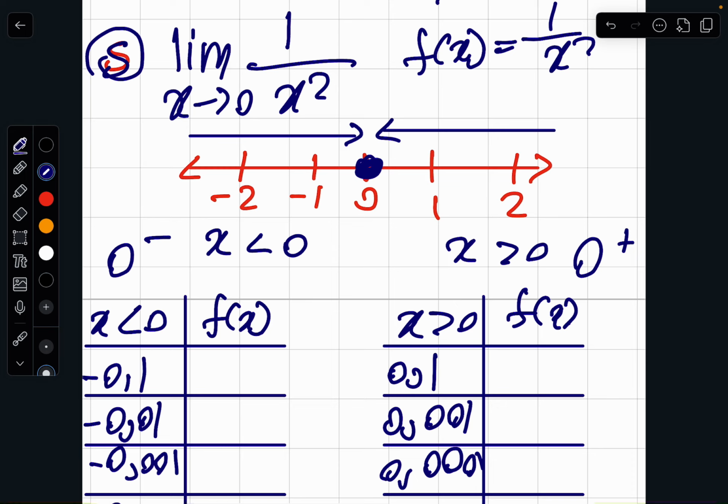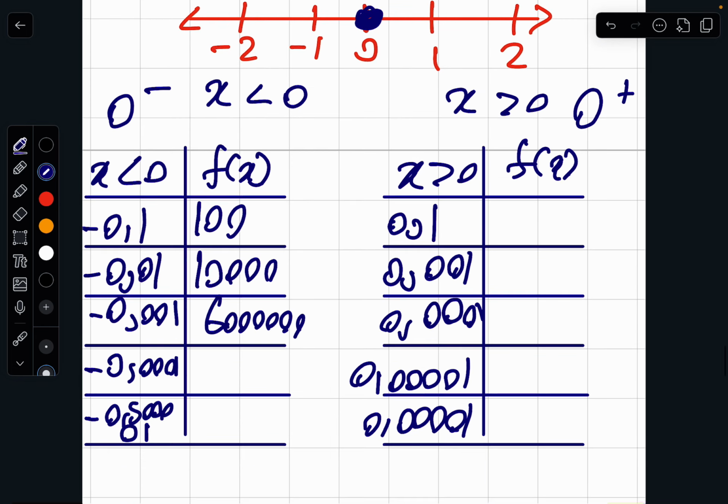So you have to know what is the value of 1 over negative 0.1 all squared, which is 100. Then when you put another 0, it is 10,000. When you put another 0, how much is it?